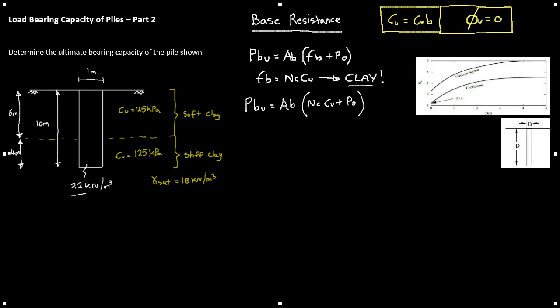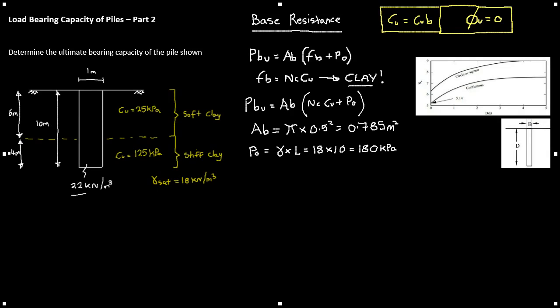AB is the area of the base, so pi r squared, pi times 0.5 squared equals 0.785 meters squared. P0 equals the overburden pressure at the base of the pile, so it's gamma times the length of the pile, so that's 18 times 10 equaling 180 kilopascals.